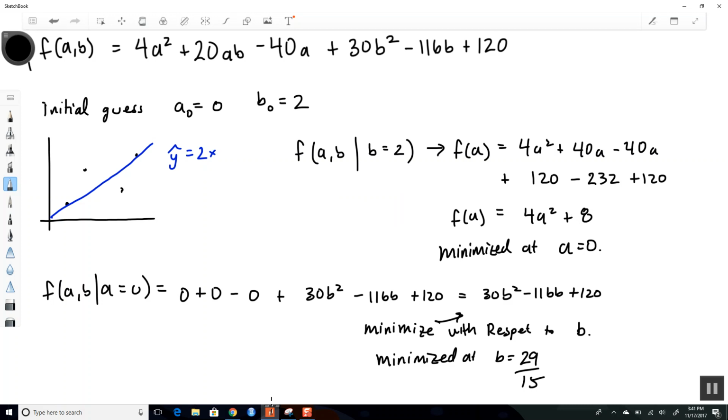Yes? Wait, so when you keep going back and forth, do you stop whenever a is equal to what it was before? Yeah, so how do we know when to stop? We have some options.